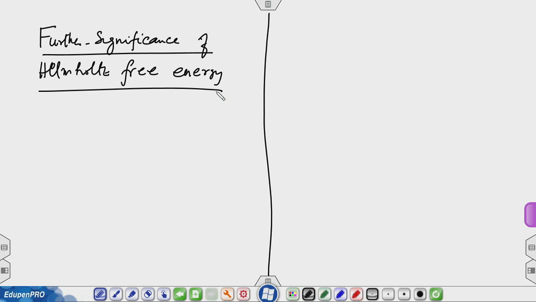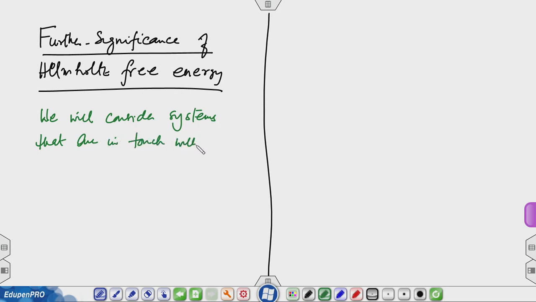So, for this, right now, we will consider systems that are in touch with a heat reservoir at temperature T.